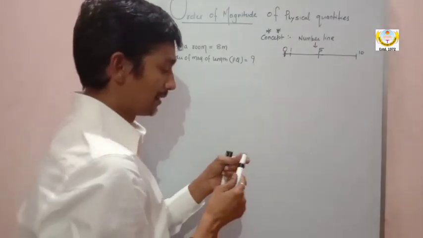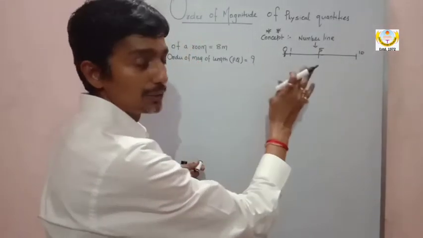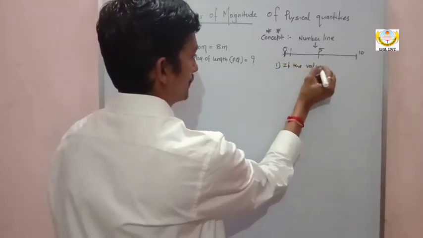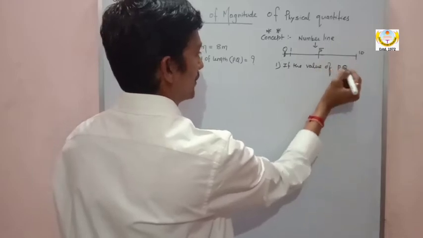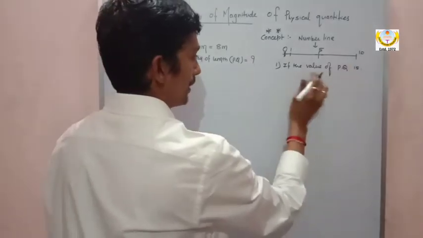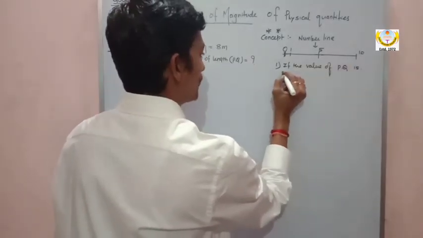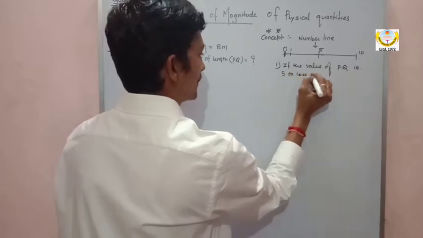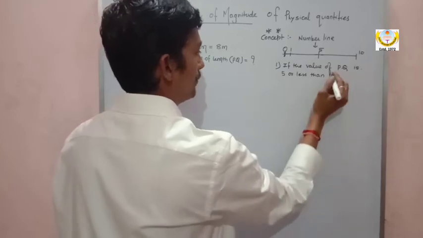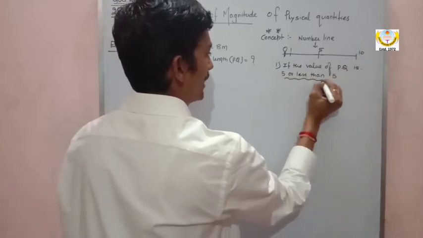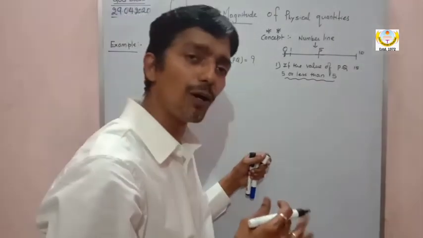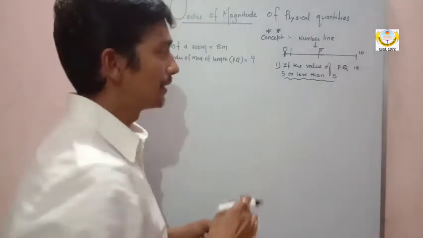Now my dear, if the value of a physical quantity, please try to understand, is 5 or less than 5, right?